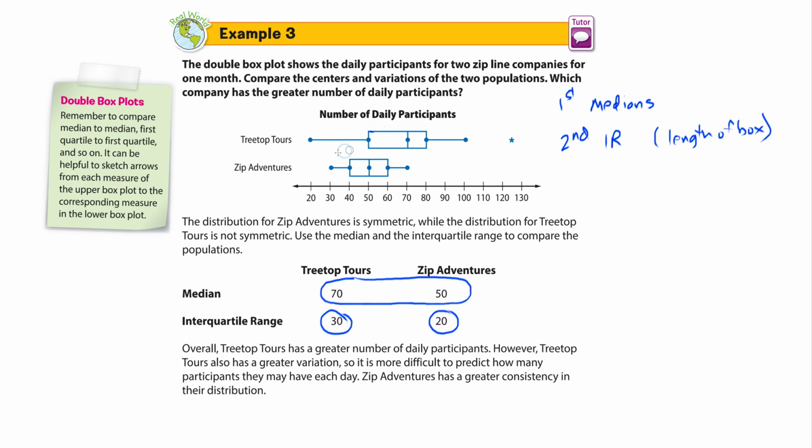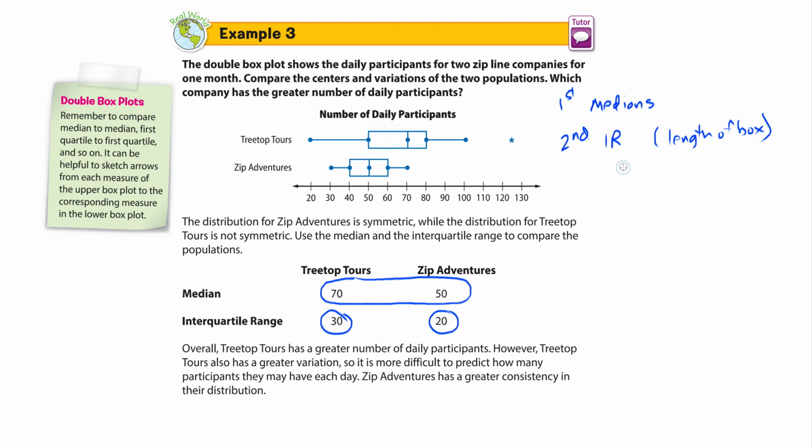If you look at the Treetop Tour one, it might be insanely busy, or it might be hardly anybody there. We don't know. The fact that this is really spread out means it's not very predictable. I want it to be predictable, so I know whether I go there or not. If I want a really busy one, this might be it, or it might not. I don't know. The Treetop Tour is very unpredictable because it's not consistent.